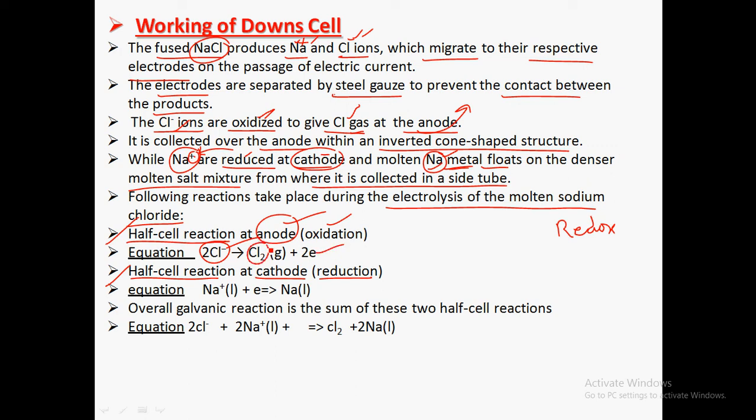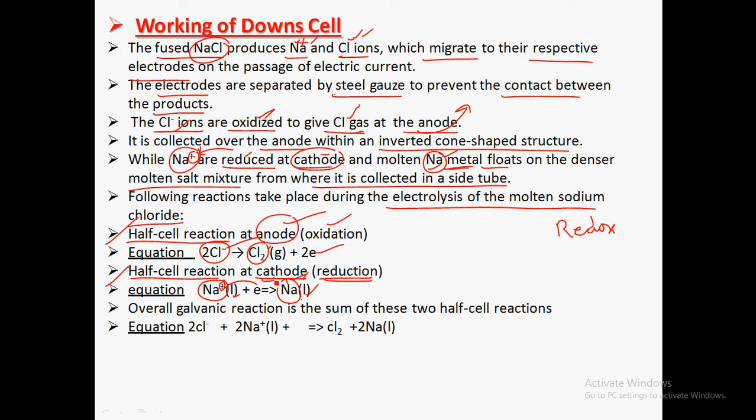Chlorine goes out as a gas. Whereas in the other half cell reaction, at the cathode reduction takes place, gain of electrons, sodium is gaining the electron and becoming Na, which is in liquid form. L means liquid, and this happens at the cathode. Na plus, so it happens at the cathode, minus.